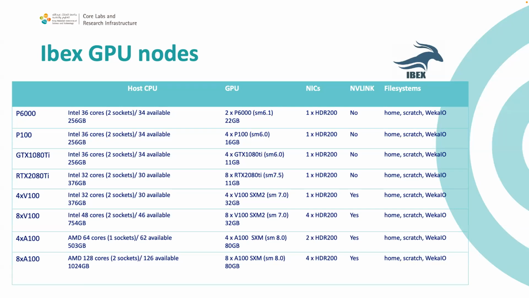They become obsolete. Like A100s, for example, can support the newest CUDA and the oldest CUDA. But there are some GPUs that cannot even run CUDA 11 or CUDA 10. So it's a combination between the software and the hardware.